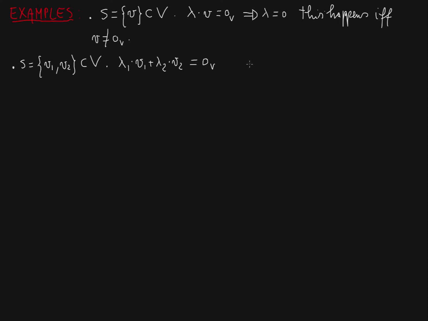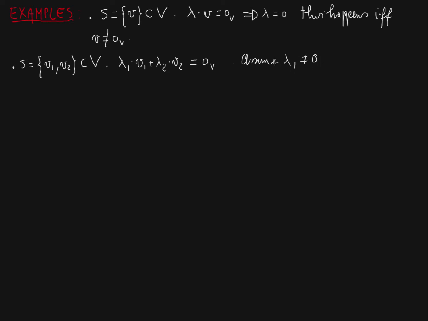So let's just assume one of the two is irrelevant. Assume lambda 1 is different from 0. If lambda 2 is different from 0, it's just the same. So now we are in the assumption that S is a set of linearly dependent vectors.